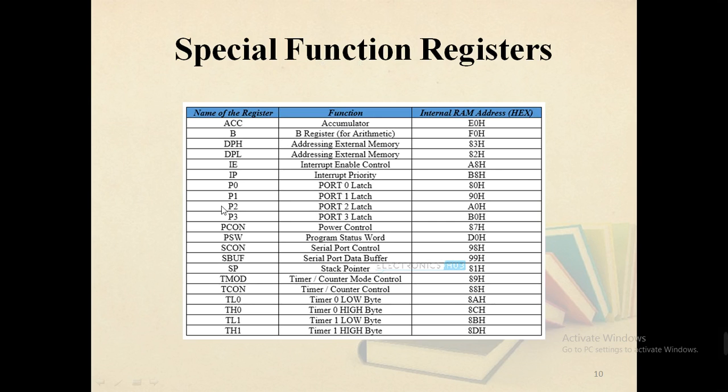Okay, all these are called special function register banks. This is the abbreviation, and it's the name of the special function register and its address. All these are called special function registers.